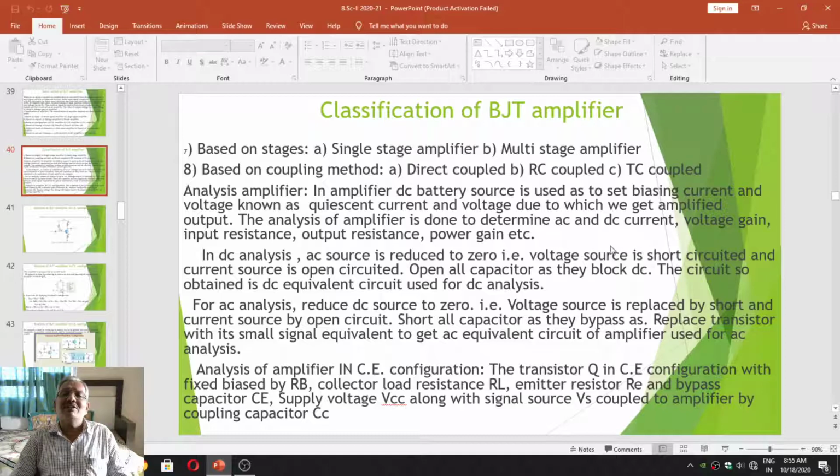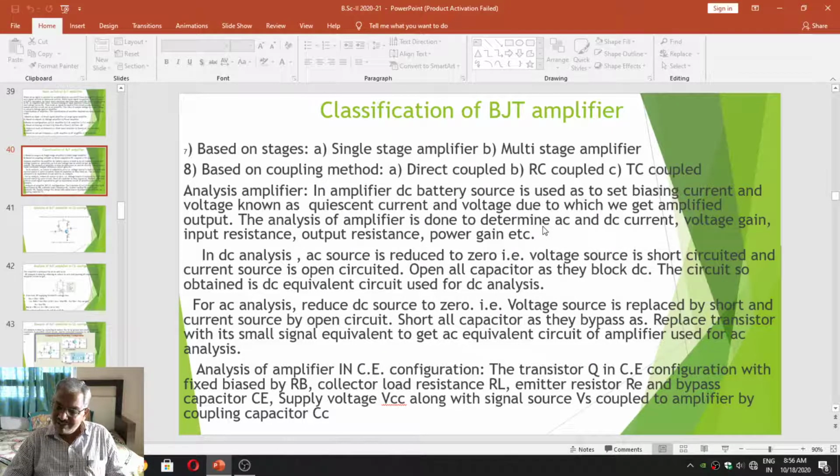We are going to extend the same concept further for the purpose of analysis. We are going to perform the analysis of amplifier in 2 ways. One is DC analysis. In DC analysis, we are disconnecting the AC supply, and only by connecting the VCC, that is a DC supply, we are going to analyze that particular circuit.